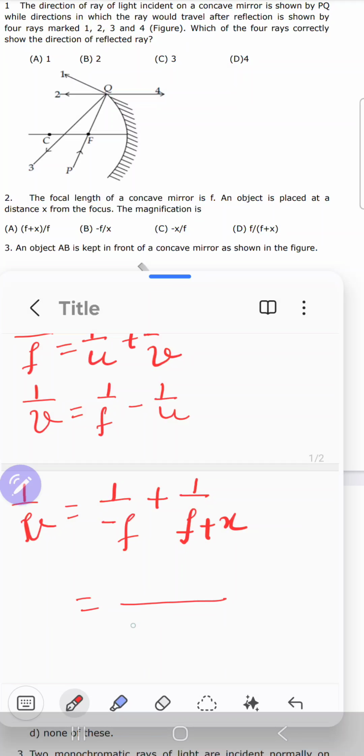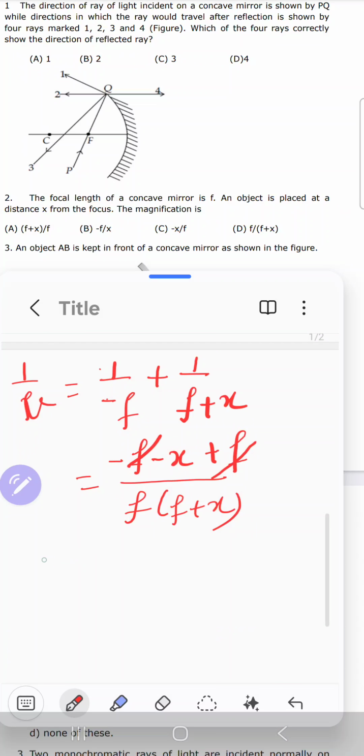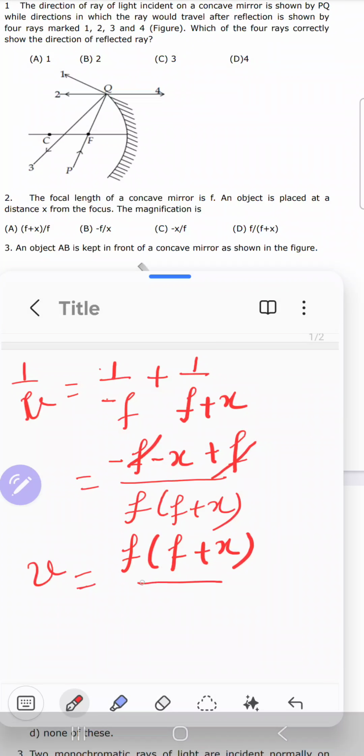With a little simplification, f into f plus x would become, this minus sign you can consider here, so this would become minus f minus x plus f. The f would be cancelled and we will get v as, because this is 1 over v, I want to write v here, taking the reciprocal of this, f plus x over minus x. So I can write the minus sign here. So this is the value of v.